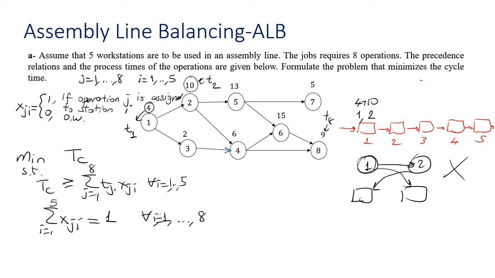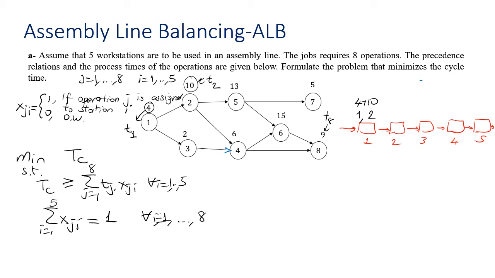But of course, for this, we need to know if there is a precedence relationship between 1 and 2. And it is given in this graph, but actually we cannot use that graph in Cplex. We cannot just enter a graph into Cplex. We need to give data, numeric values, tables, matrices.